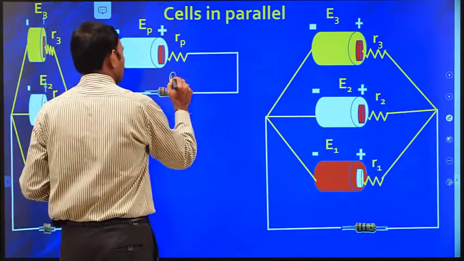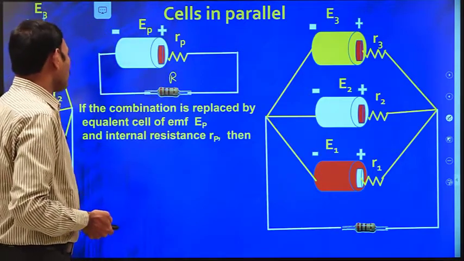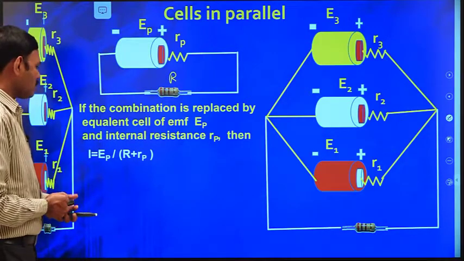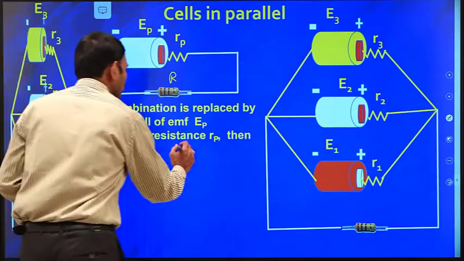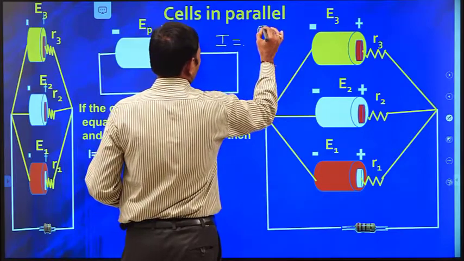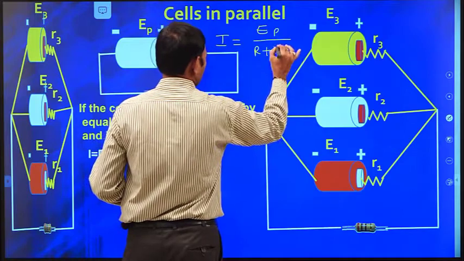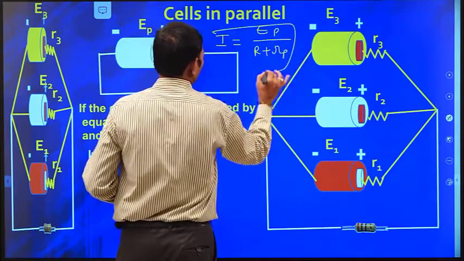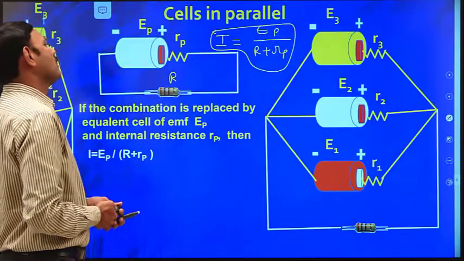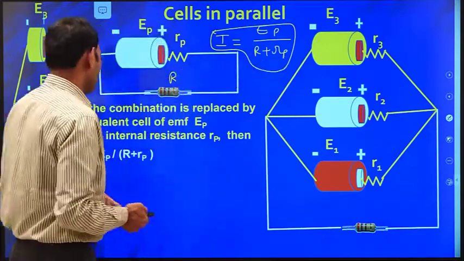When you replace the parallel combination of cells with a single battery, the effective current as usual, we write I is equal to effective EMF divided by external resistance plus sum of internal resistances. This is the idea in which we write the formula. I is equal to effective EMF in parallel combination by effective internal resistance of the parallel combination plus external resistance.